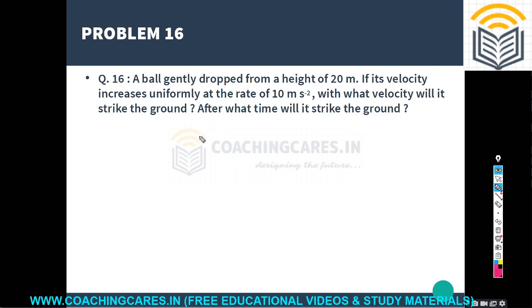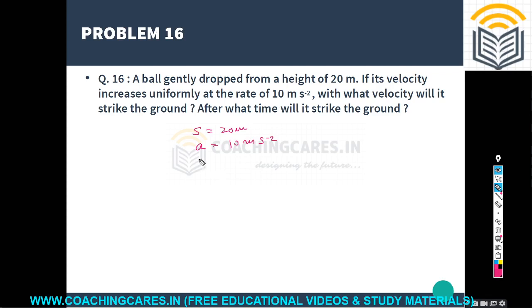So here the height is given, s is given already, that is 20 meters. The acceleration is given here, that is positive, 10 meter per second square. What will be the final velocity?